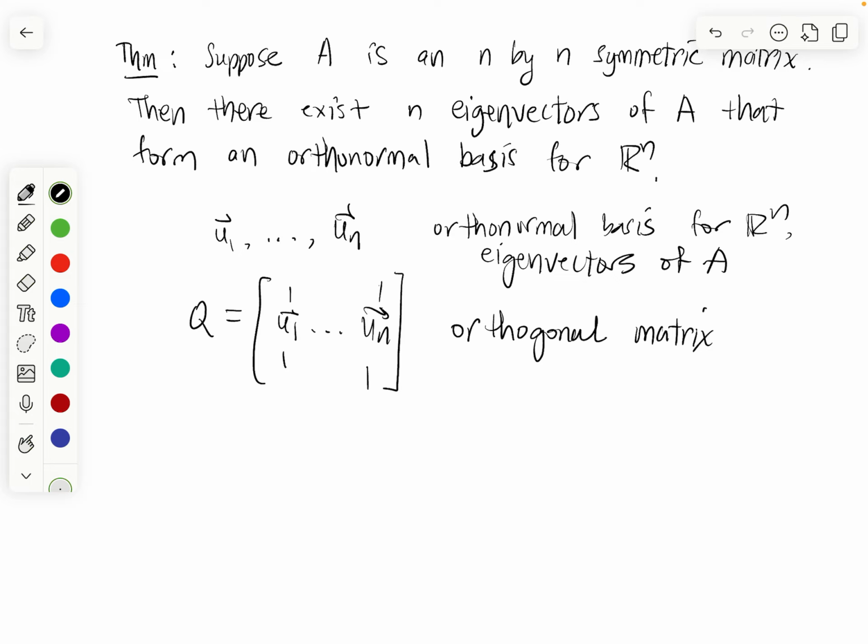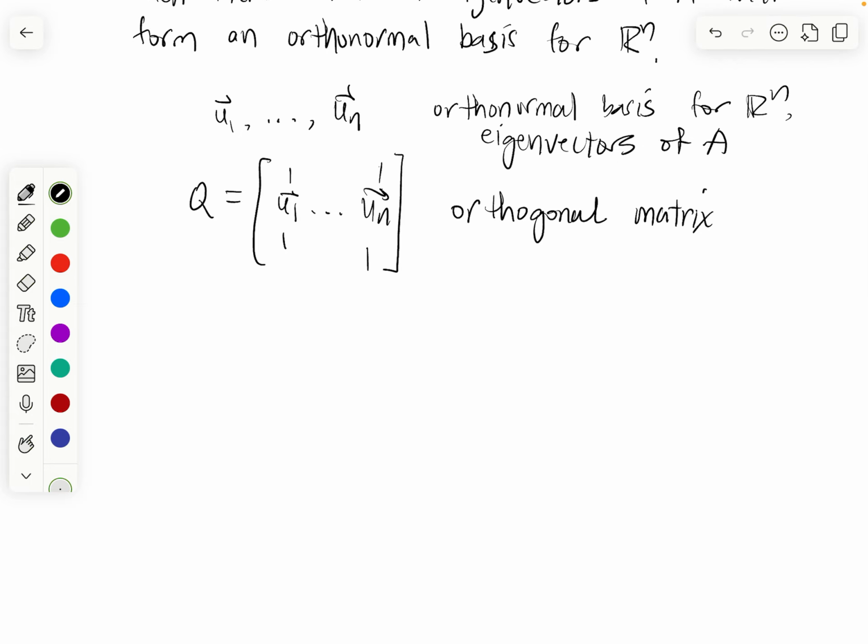Forming Q is the orthonormal basis part. The fact that these vectors are orthonormal means that Q is an orthogonal matrix.